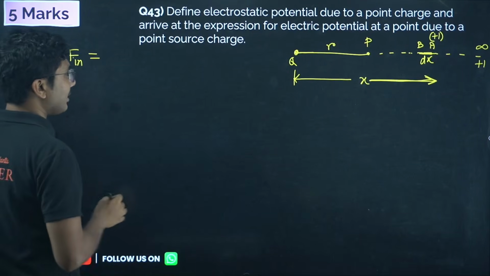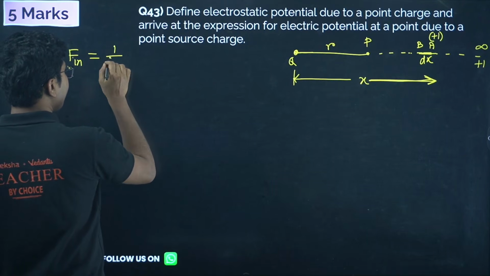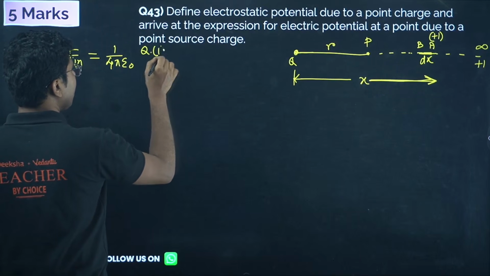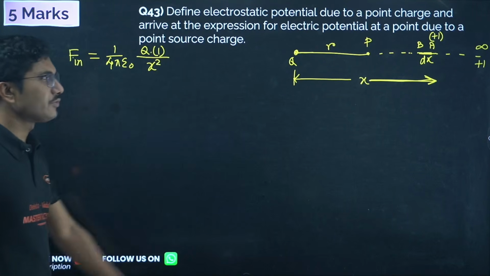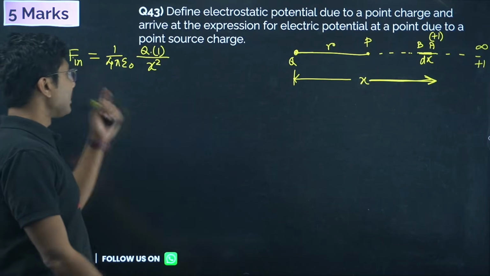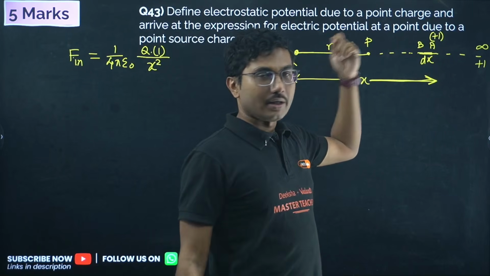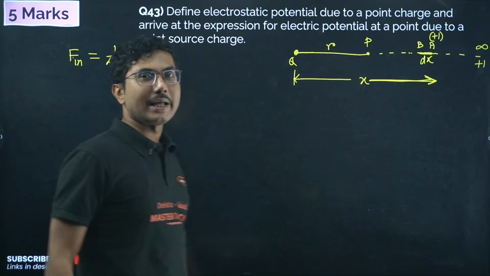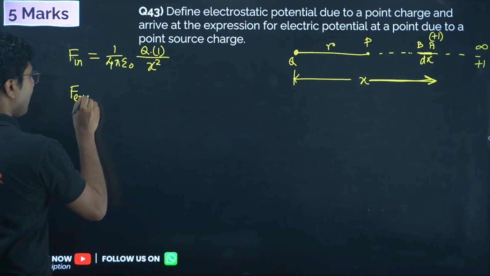The internal force, the force acting on that charge, is basically from Coulomb's law, which says 1 by 4 pi epsilon naught capital Q into 1 divided by the distance square, that is x square. This is the internal force due to this charge on the positive charge. It can be attractive, it can be repulsive, does not matter, but this is the internal force. Now if you want to bring a charge of +1 from A to B, then you need to apply a force which is exactly opposite to that, the external force.